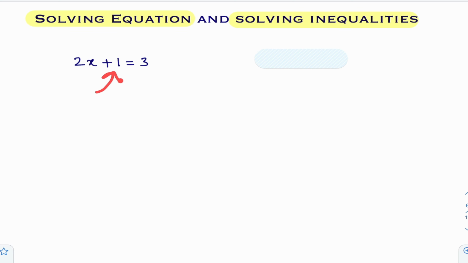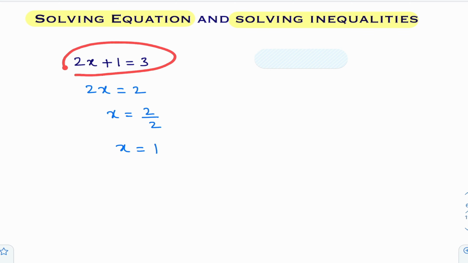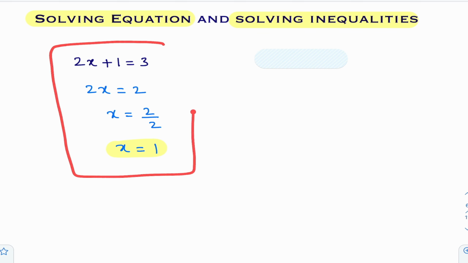If I solve this equation, what x value will I get? 2x equal to 3 minus 1 is 2. You can simplify this: x equal to 2 divided by 2. So x equal to 1. I solved this equation and got its solution as x equal to 1. This is solving an equation. How did you identify it is an equation? Because between two algebraic expressions, there is the symbol equal. So this is the procedure of solving an equation.